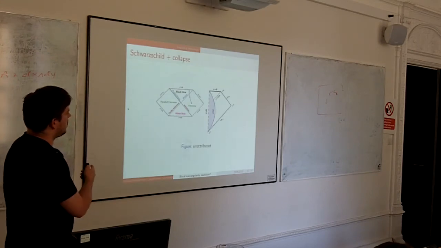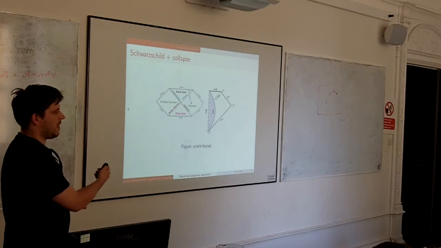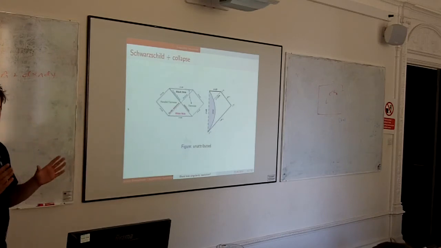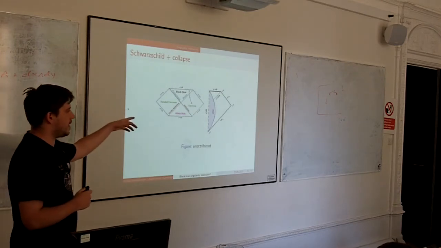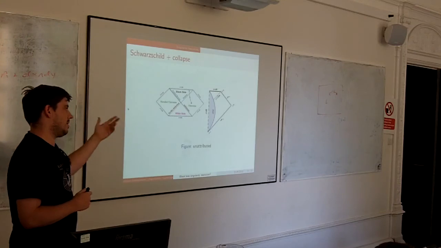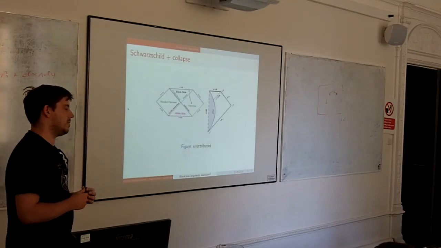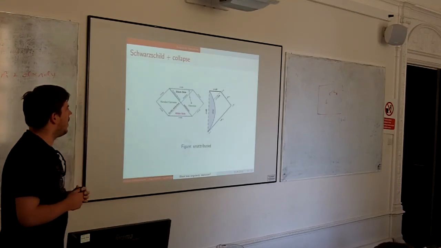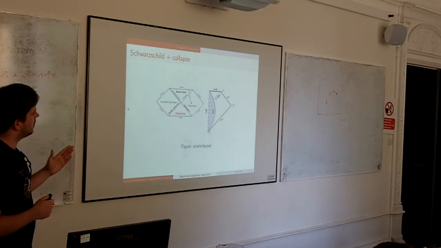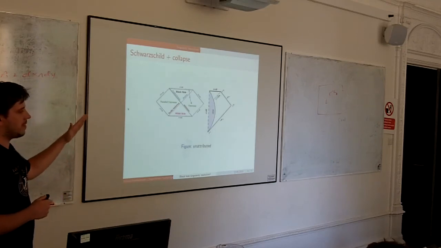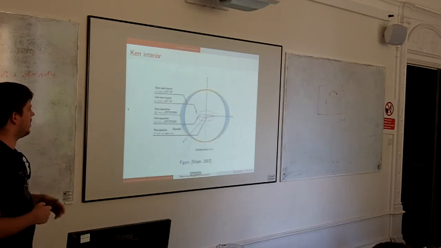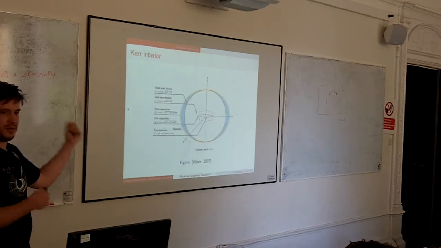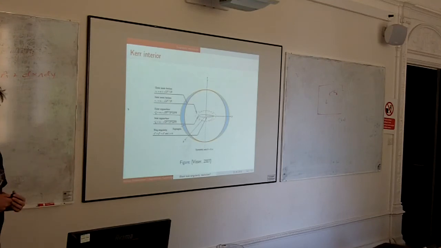What is important for the point that I will be making about the viability of black to white hole transitions as singularity resolution is the observation that in the case of Schwarzschild, which is the only case that anyone has been able to do so far as I know, the spacetime geometry within the event horizon is rather simple, which is not like the Kerr case, where the geometry is pretty complicated.